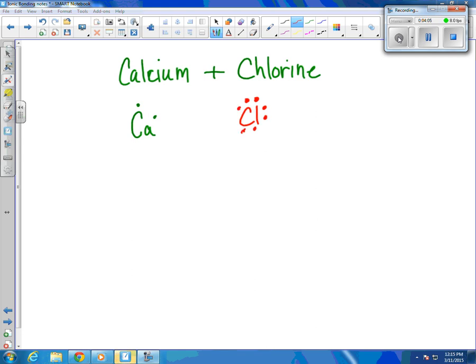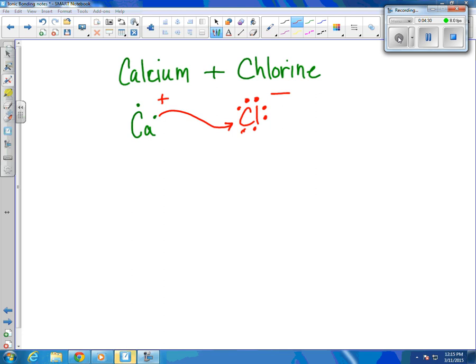So this might help you guys a little bit. What you could also do, you could draw this 2 different ways. So right now, my calcium's going to transfer 1 of the electrons to chlorine. It's happy. How about we just write the negative up there?